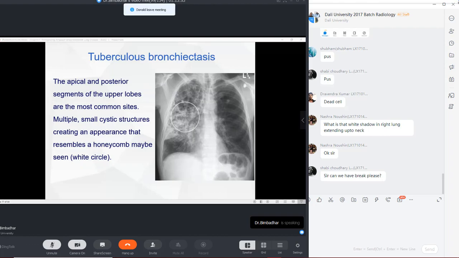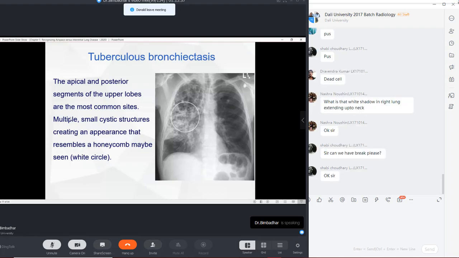Sure. Okay, and you see here, as the disease progresses, much more of the interstitium is broken down. That's the reason you see here that all the bronchi have been completely dilated.